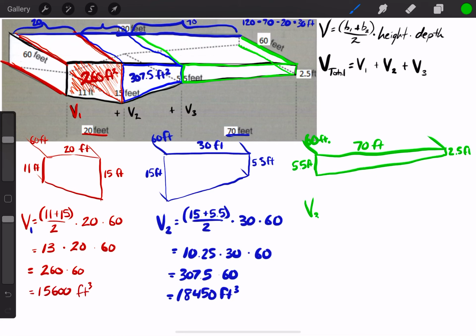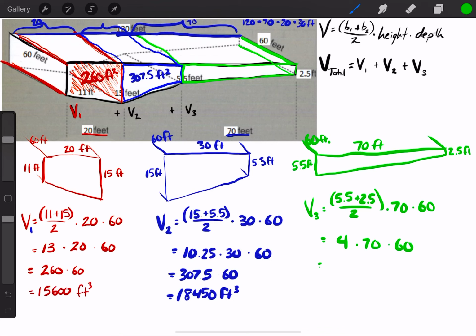Our volume is going to be the average of our bases, 5.5 plus 2.5 divided by 2, times the width or the height, kind of interchangeable there, times the depth of 60. 5.5 plus 2.5 is 8, divided by 2 is 4.